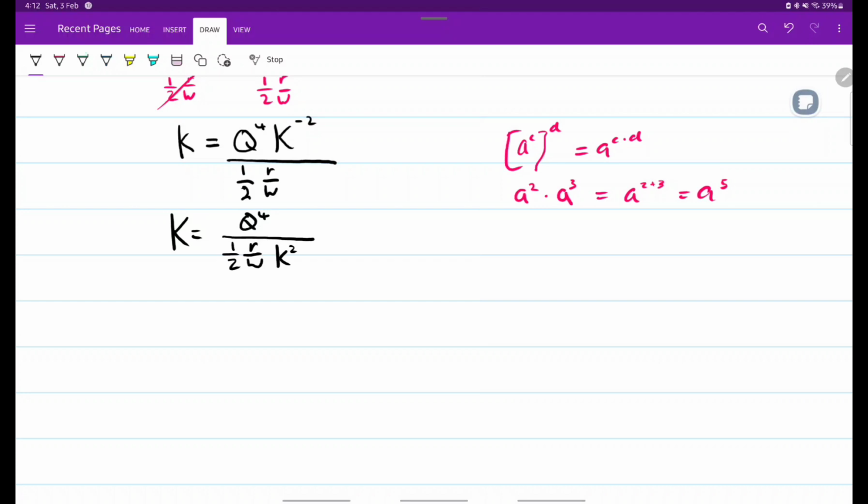Now, why is that good? That is good because when you want to get rid of k on this side, you can just multiply this through by k squared. Because 1 over k squared times k squared, multiplying undoes the fraction.